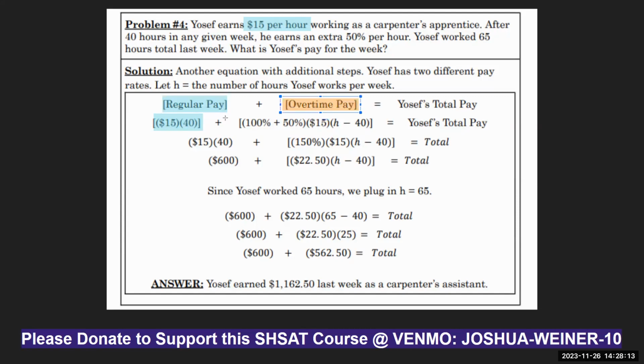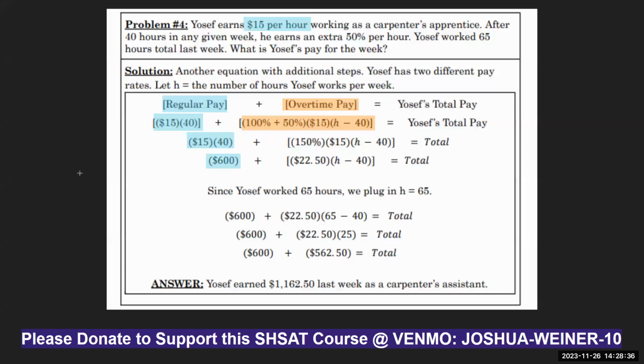So here comes his calculation for his overtime pay. Yosef worked a total of 65 hours last week. What was Yosef's total pay for the week? All right, so he worked more than 40 hours. But first, we calculate his pay for the first 40 hours. It's $15 an hour.